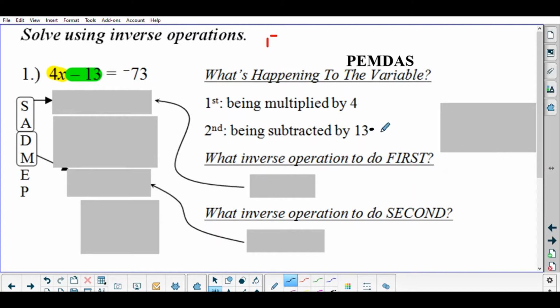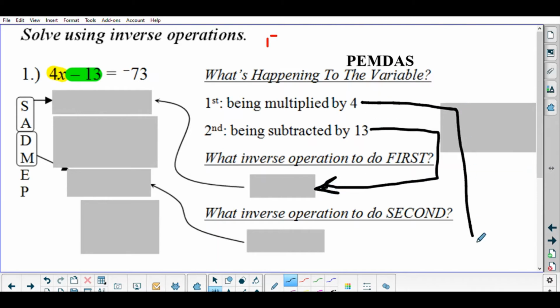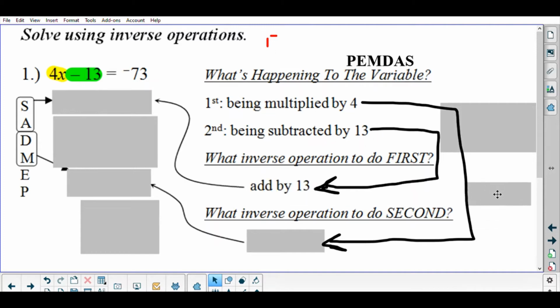What was last happening to the variable will be the first inverse that we end up doing. What was first will be inversed last. That's how this works. So the first inverse comes from the inverse of subtracting by 13, which is adding by 13. We do that first to both sides.